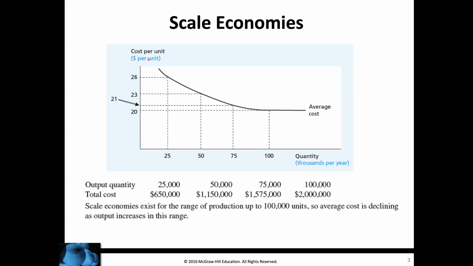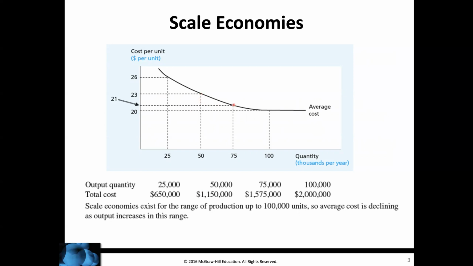We've got the cost per unit, and you can see as we're producing 25,000, the total cost is $650,000, but the average cost per unit is $26. The more we make, you can see the average cost comes down. When we make twice as much, the total cost is not twice as much, and so our average cost per unit goes down to $23.